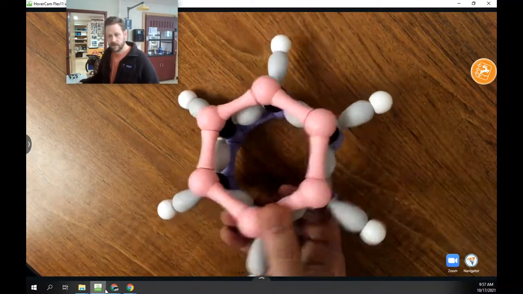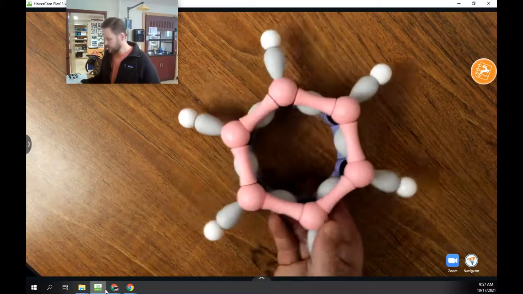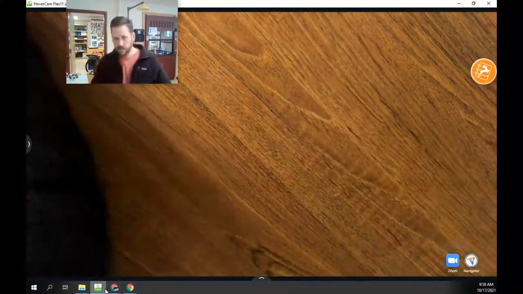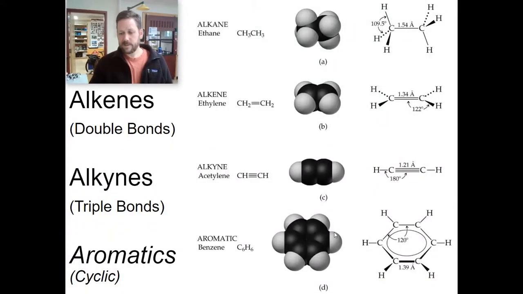And we looked at this model, I think, earlier as well to show that delocalization of those pi bonds above and below the plane of the sigma bond. And that's going to give us a really common precursor to a lot of organic chemistry labs, which is benzene. And benzene is a liquid that is just an important and really commonly encountered organic compound.